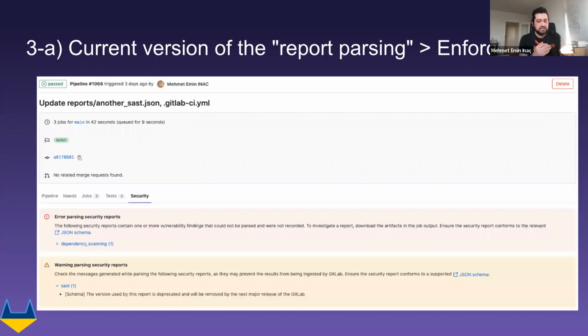We can also have warnings and error messages showing up at the same time, because we will also show warning messages like, hey, this report version has been deprecated and will not work with the next major version of GitLab, to inform the users about an upcoming breaking change.